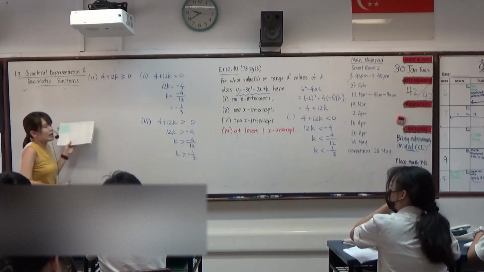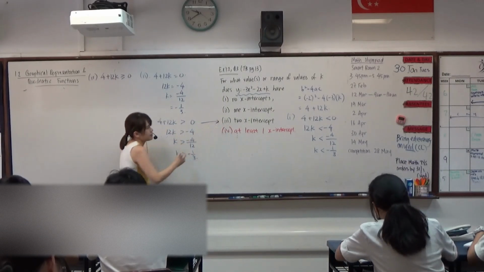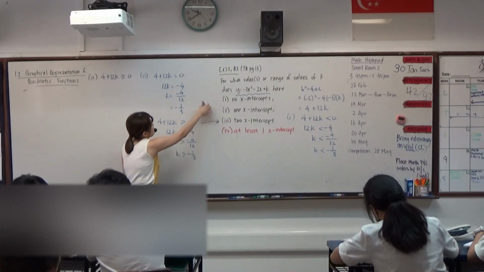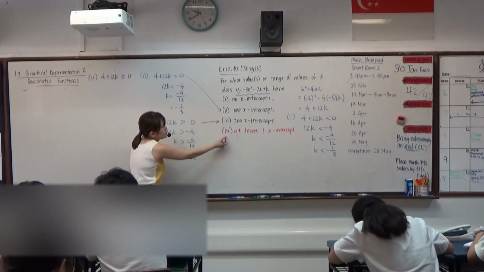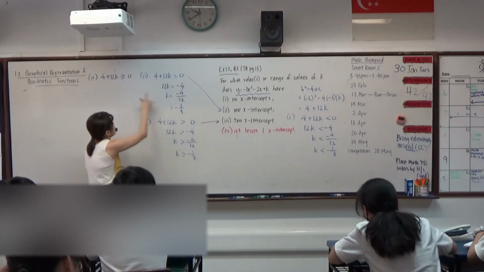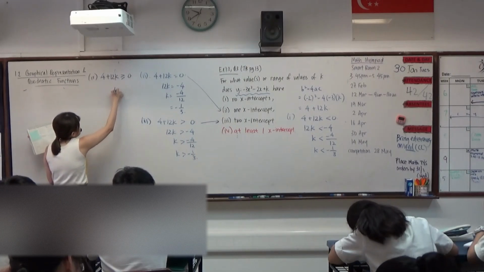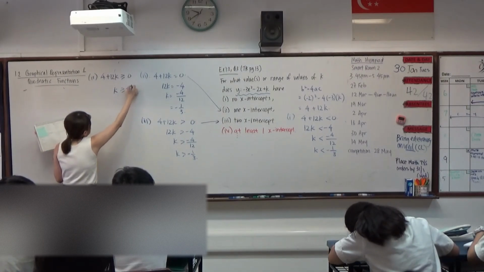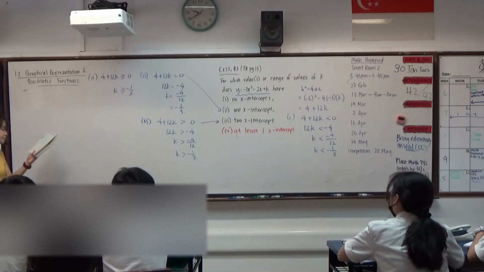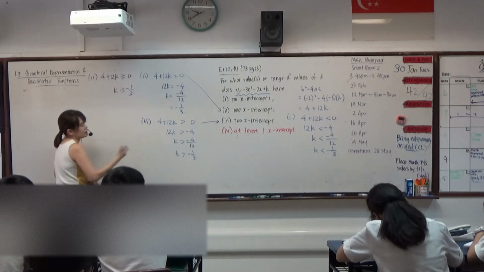Because when it is more than 0, it means that there are two x-intercepts. To have one x-intercept, it is equals to 0. So this is a consideration of both part 2 and part 3. Hence, our sign needs to be more than or equals to 0. So by doing our manipulation, you would get k more than or equals to negative 1/3, because the manipulation remains the same as well.